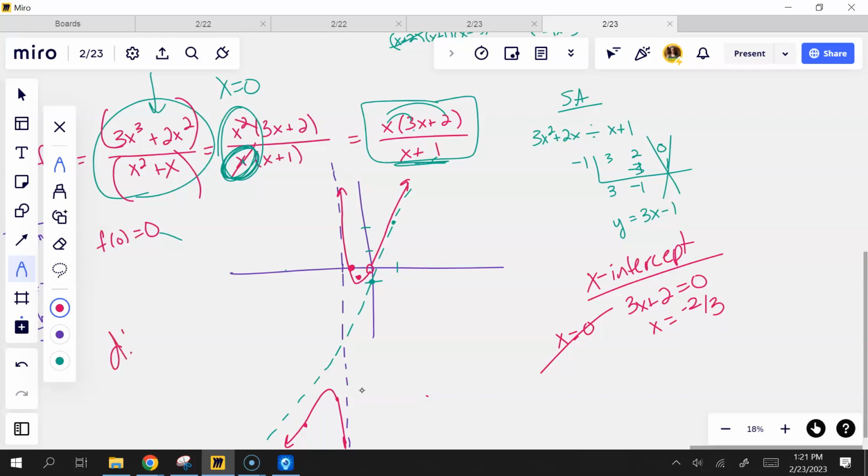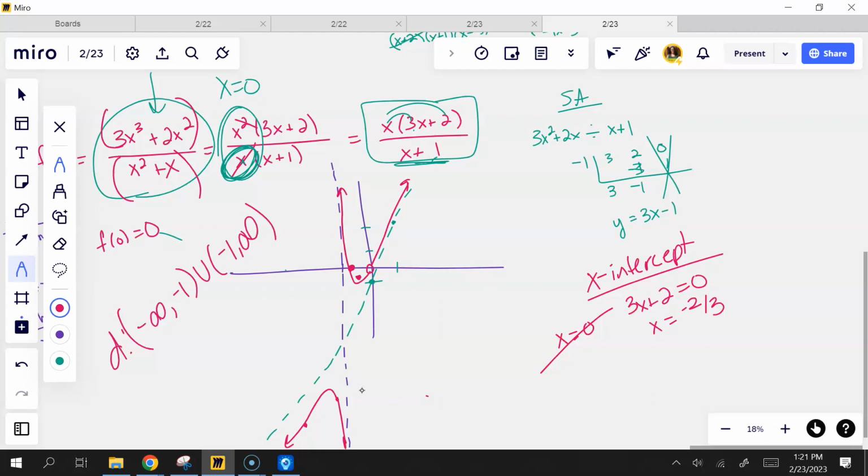Just go down. Now, we're not done with the hard stuff. What's the domain? I'm leaving out that vertical asymptote. The range is going to be a doozy, though.